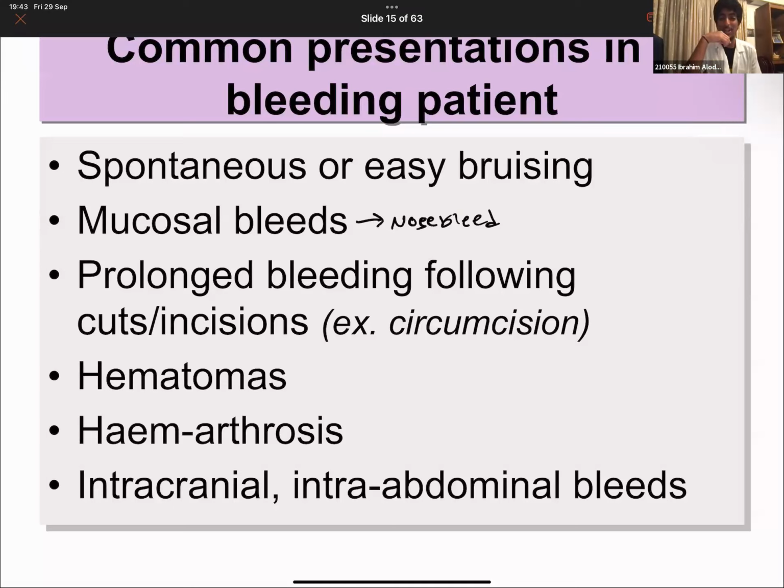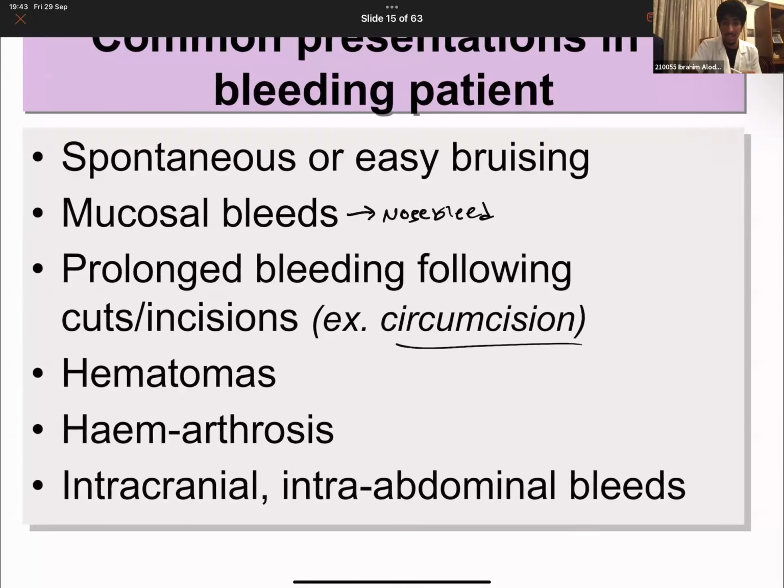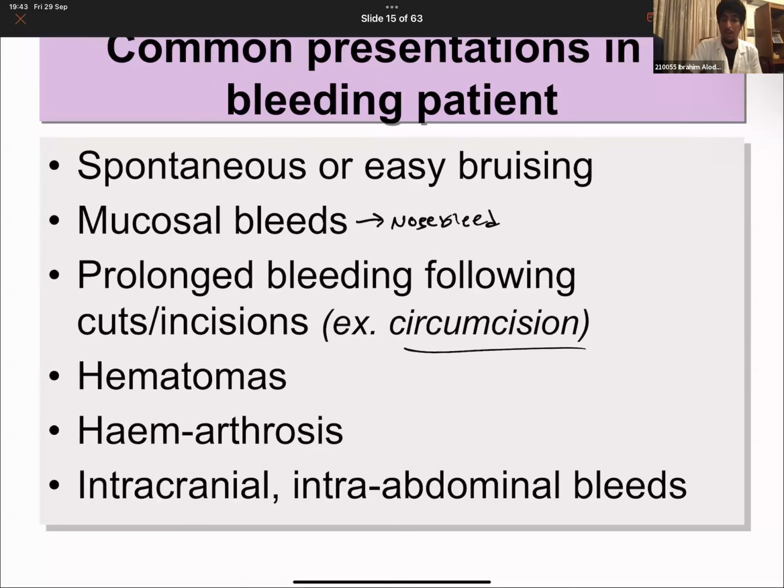If you have prolonged bleeding following any cuts or incisions, it might indicate a bleeding disorder. And a very, very common question scenario that you'll get is a baby that is born that gets a circumcision and has prolonged bleeding following the circumcision. All right. If they say this person had prolonged bleeding following circumcision, it's likely that they have a bleeding disorder.